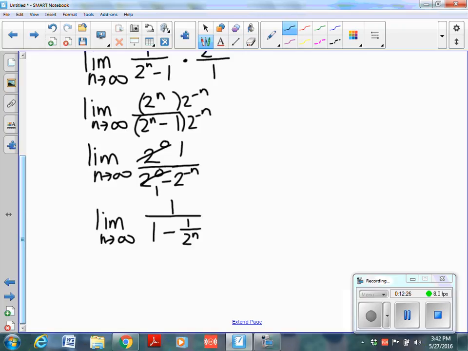And as n is getting bigger and bigger, 2 to the negative n is getting closer and closer to 0, so 1 divided by 1 is 1. This also converges.